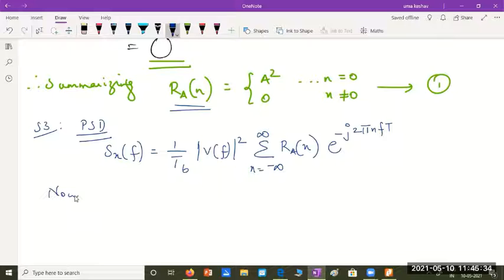Now let us consider when the time period is equal to what? TB, we have already written. Instead of 1 by T, we have already written TB. So what will we write? At T equal to TB, we get, here you make it 1 by T then.